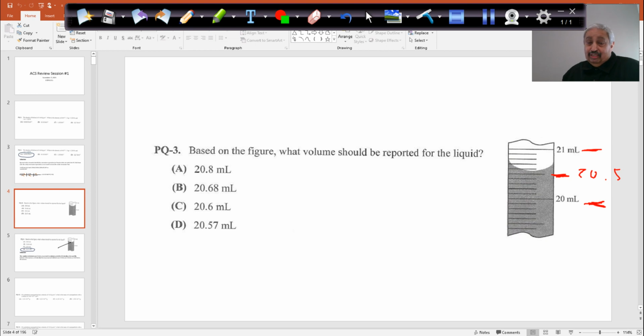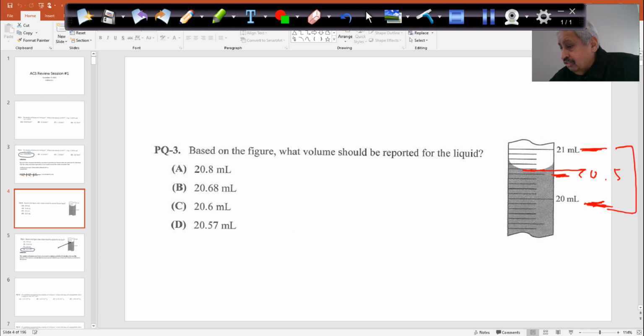So what will be your answer? Is 20.5 what? 20.5, and then you have to estimate the meniscus, the bottom of the meniscus here. So maybe 20.56, 20.57, correct? Something like this at the bottom. So everybody knows how to read it? Everybody? So you have to look where do you start with, where you end with.